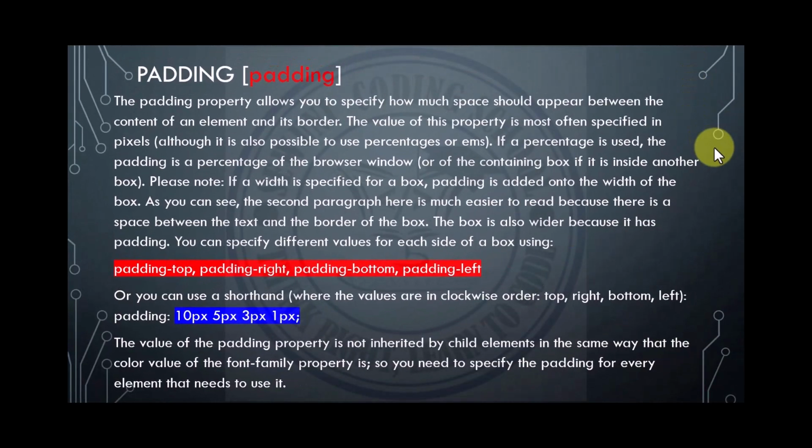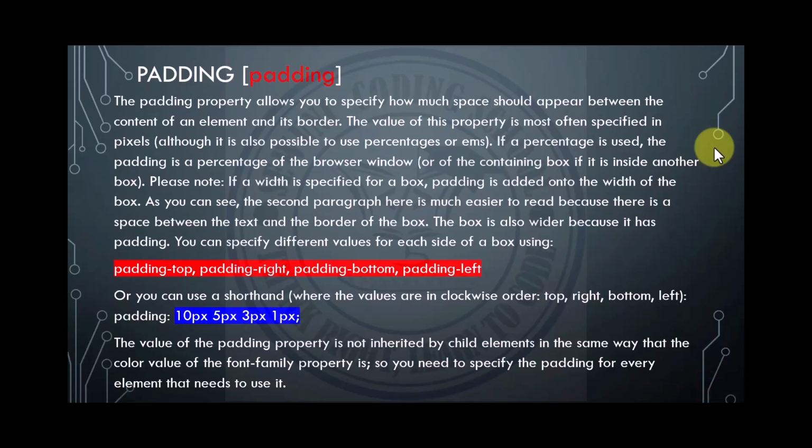Now padding. The padding property allows you to specify how much space should appear between the content of an element and its border. The value of this property is often specified in pixels. Like I said, we shouldn't use this in percentages. I explained it in my earlier slides.